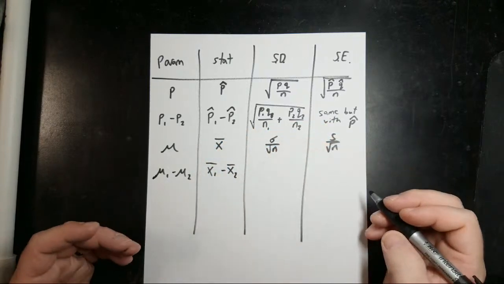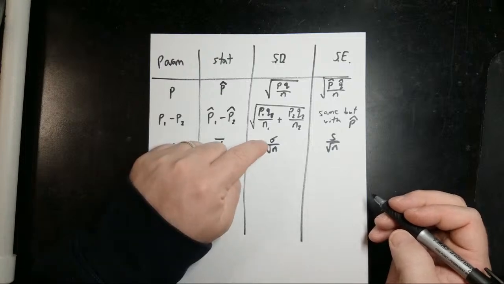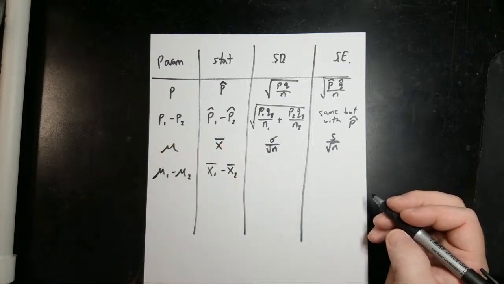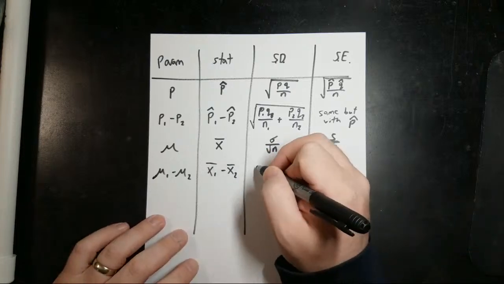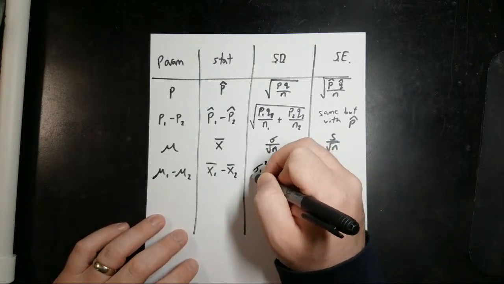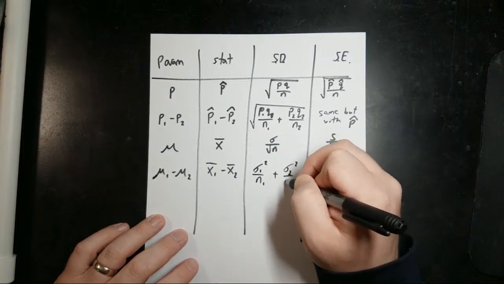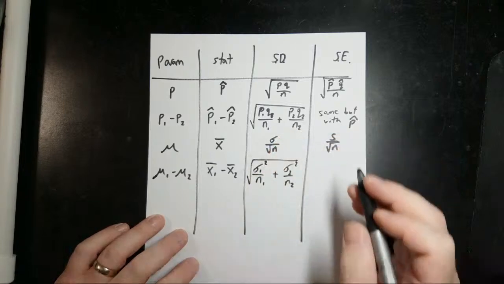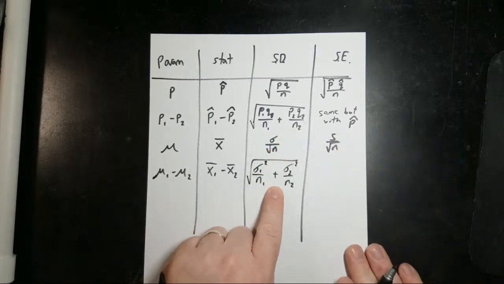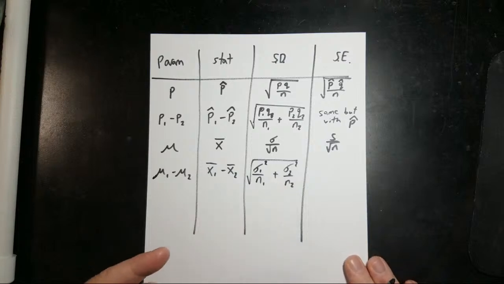But again, same concept. The standard deviation squared plus the other standard deviation squared, square root them back, which would be sigma 1 squared over n1 plus sigma 2 squared over n2 with a giant square root around them. Again, I don't bother to memorize this because I just know, oh, I square them, add them, square root them back.